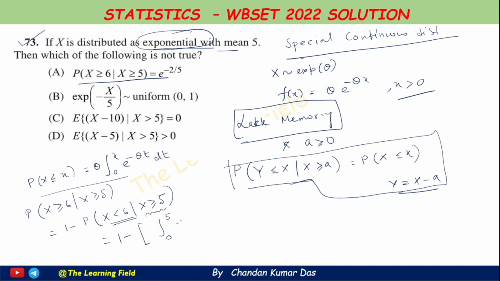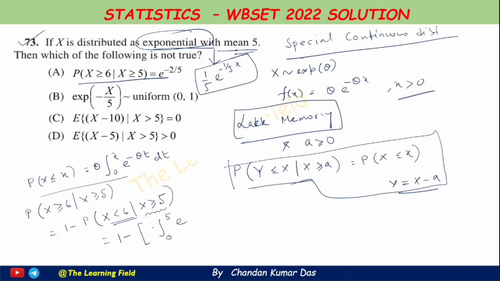From the question, it follows exponential with mean 5, so the density function is 1 by 5 times exponential minus 1 by 5 x, just like the first question in this session.